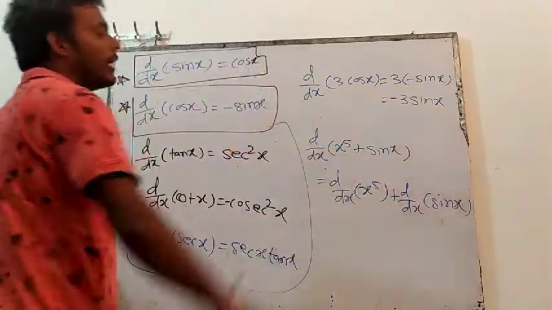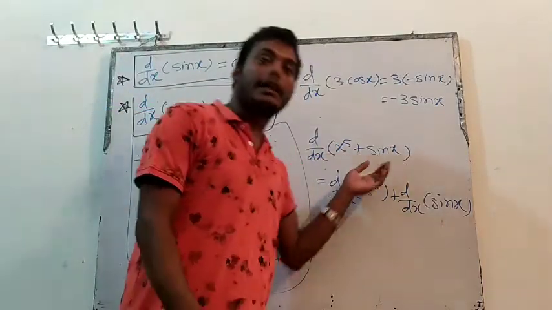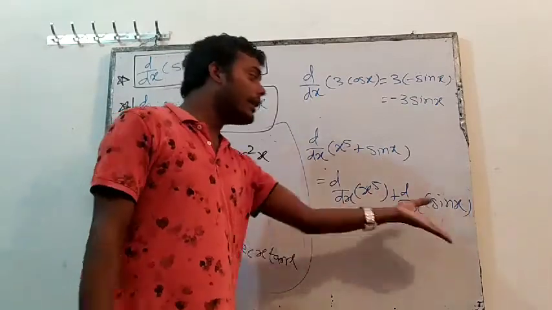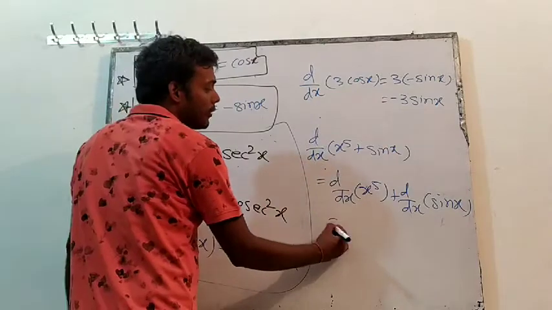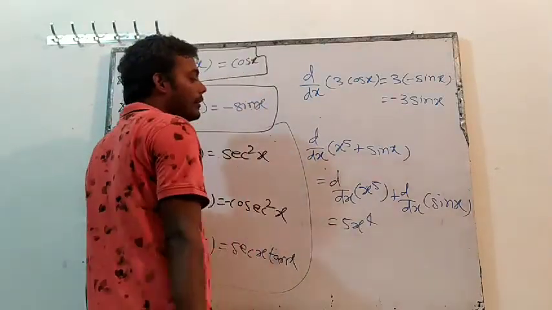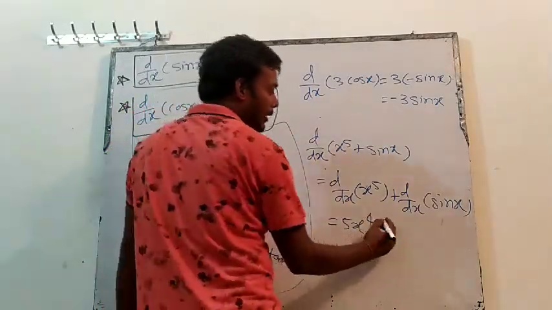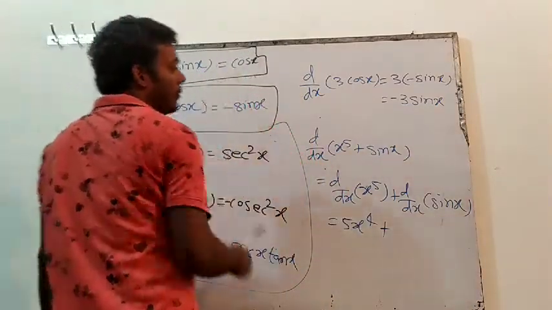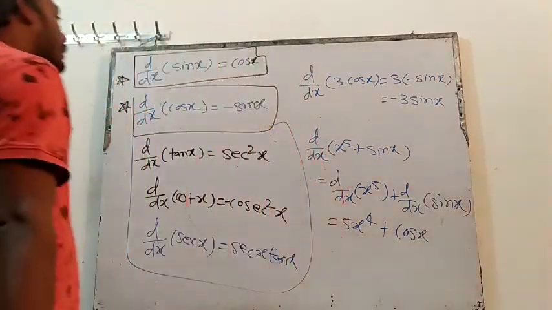So separate it into two parts. Differentiation of x to the power 5 will be 5x to the power 4, right? The power comes down, then power minus 1, this is x to the power n type, plus the differentiation of sin x will be cos x. So this will be the answer, right?